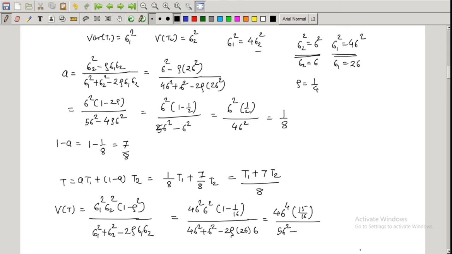minus, rho is 1 by 4, so 2 into 2 is 4, and 2 into 1 by 4 into 2 is... the 4 gets cancelled. So what is remaining?